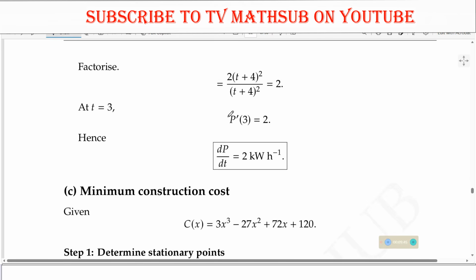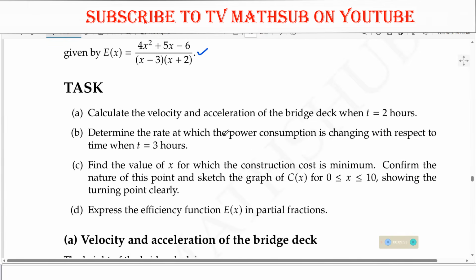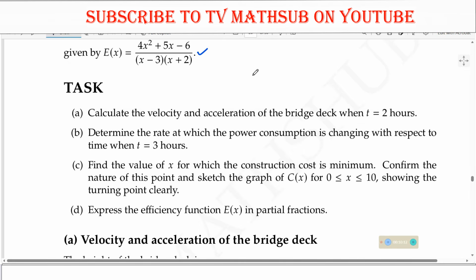So it means P derivative at 3 will be 2, and you have answered the rate at which the power consumption is changing with respect to time at t equal to 3. You need to give that conclusion: it will be 2 kilowatts per hour. So that will be the rate.